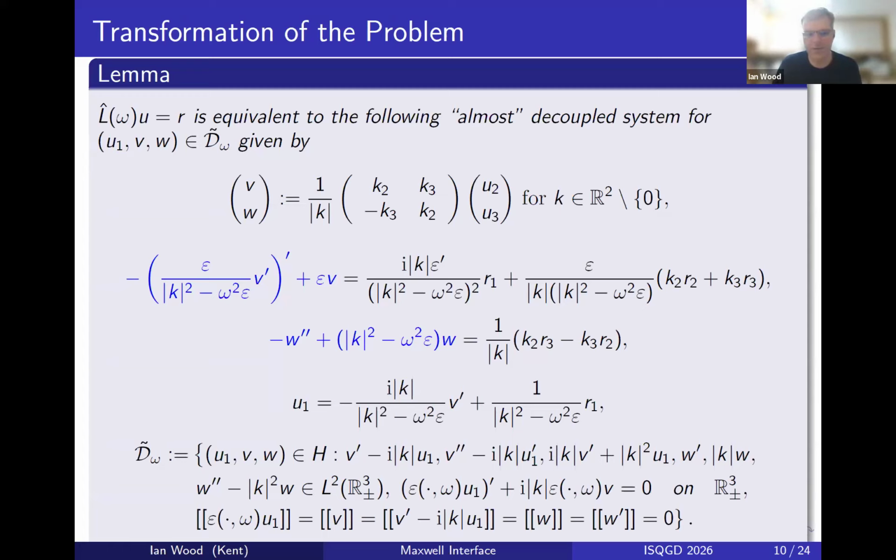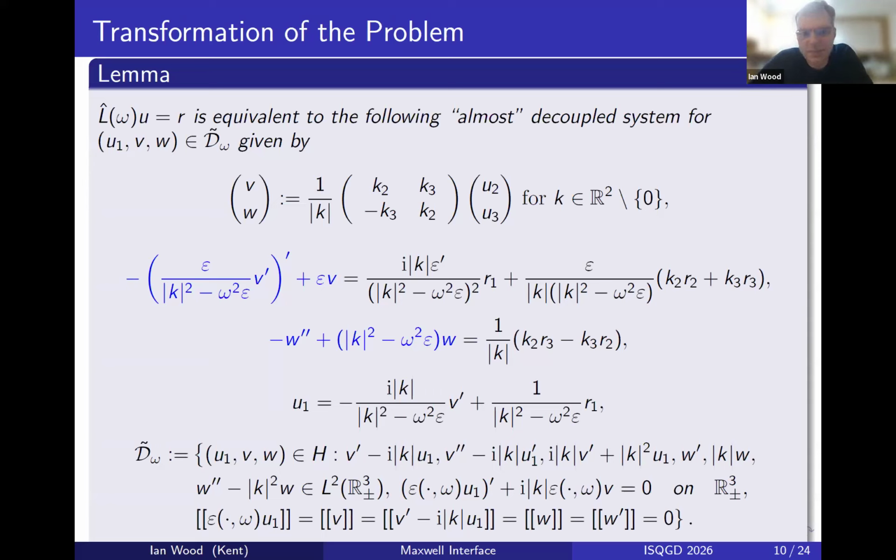And then to make sure that they end up in L2 of the whole space, we have jump conditions. So that's what this bottom line with the double brackets is meant to indicate. These are meant to indicate the jump of these functions across the interface has to vanish. So this is going to be the jump in the sense of trace, ultimately. And then you've additionally got this divergence condition here at the end of the second line. Right, so that's what the domain looks like.